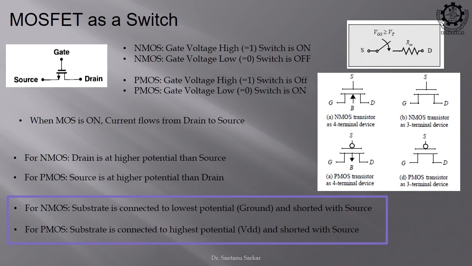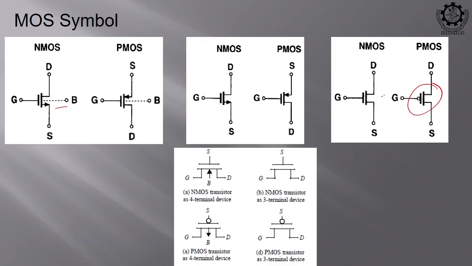Now, we already discussed that in digital circuits our MOSFET will behave just like a switch. So, what will it be? Either it will be connected to VDD or it will be connected to ground, and this will be controlled by an input, and the drain will be shorted to the output.